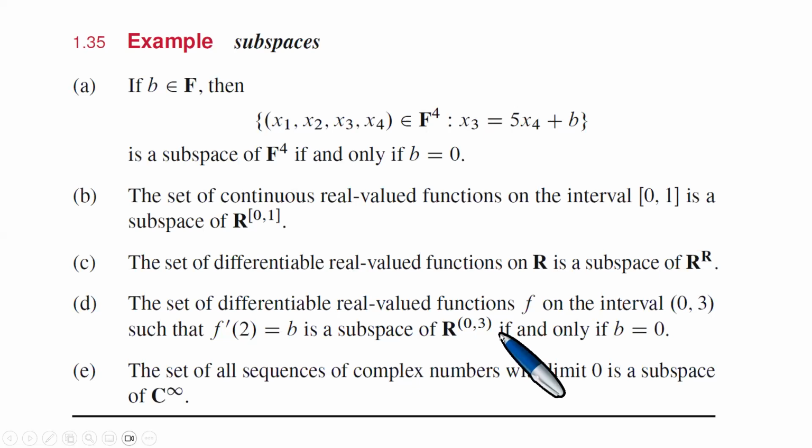I'm going to discuss this in detail. These relate to function spaces, so I'm going to first define a function space, then discuss these examples, because one of the questions asked when this will be a subspace. It is a subspace of F4 if and only if b is 0. Obviously it's x3, 5x4, where x3 and x4 are coordinates, but b itself must be 0 for this set to be a subspace.